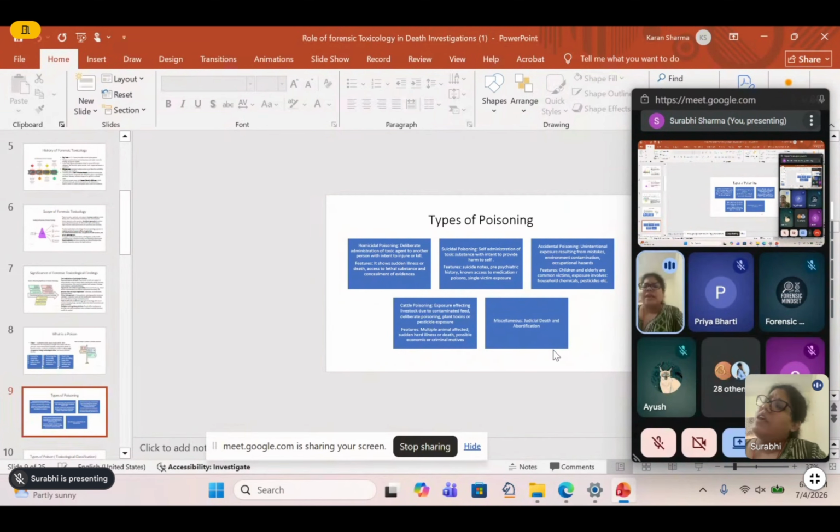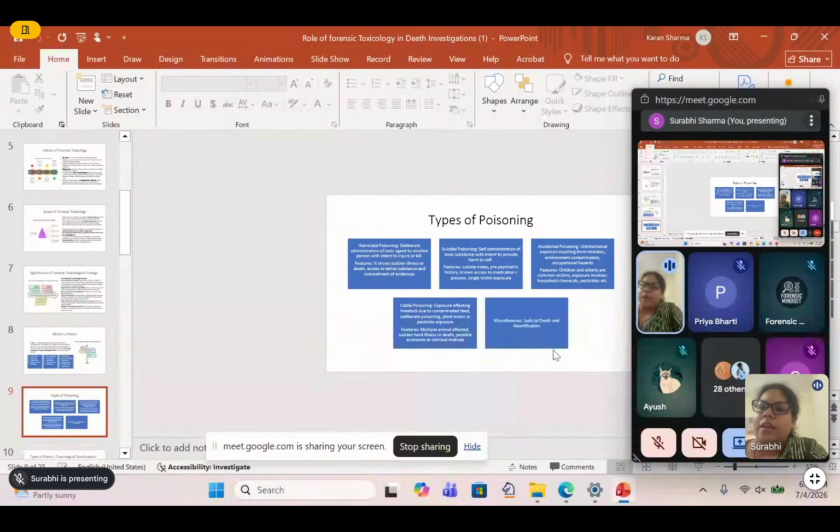There are many cases in which people accidentally engulf naphthalene balls in place of those coconut balls, or people drink detergents, etc., or children playing with a thermometer mistakenly engulf the mercury which is in the thermometer. So there are many cases which might occur accidentally too.